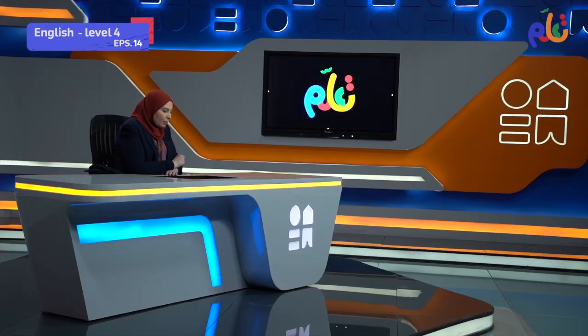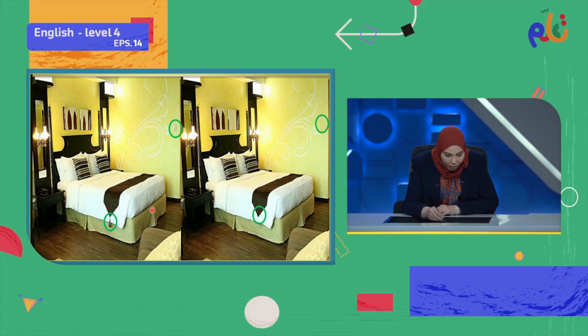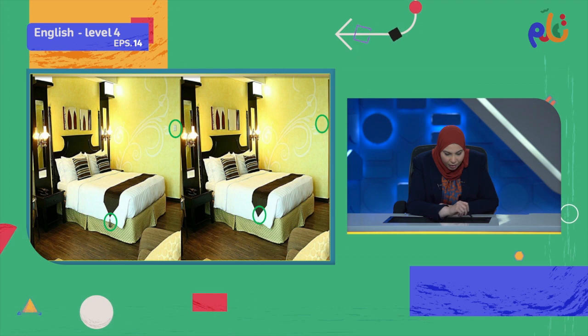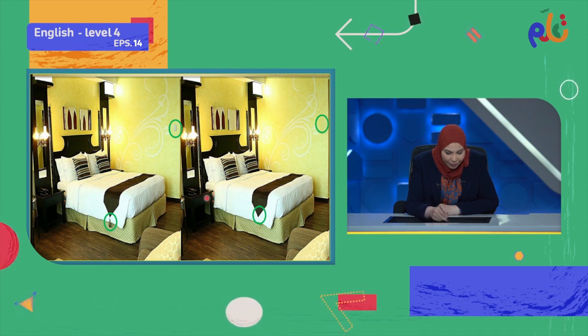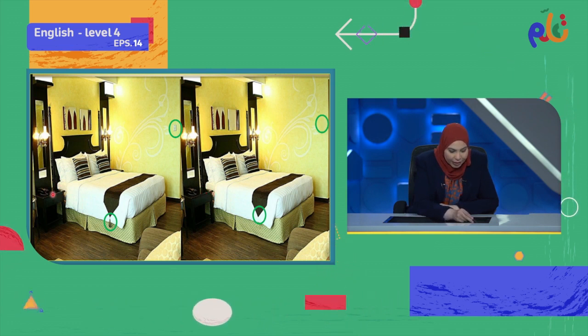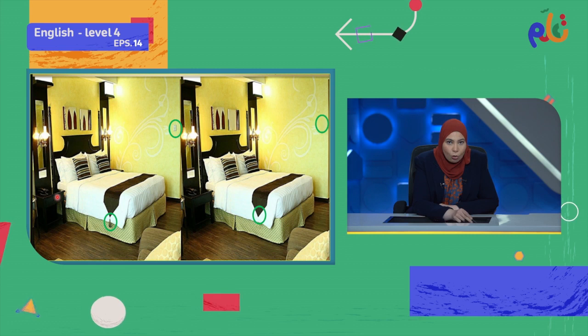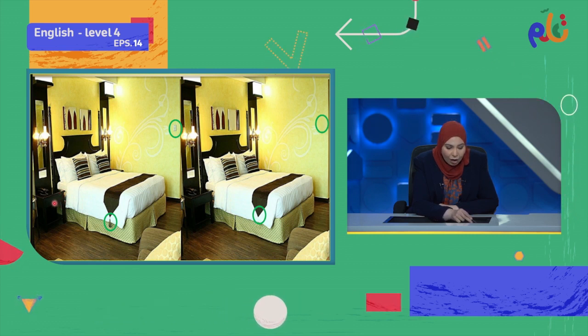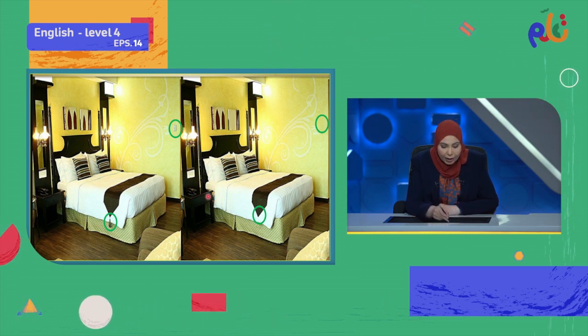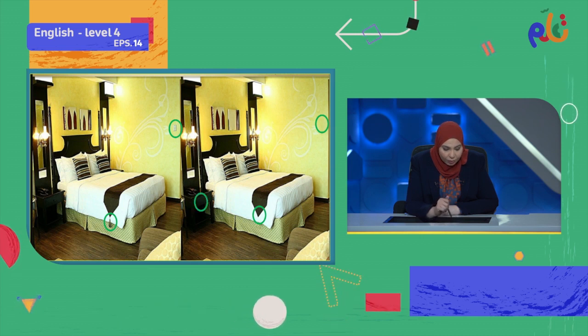Are you able to spot number 3? Let's take a look. This is same like this, and this is the same. What is the other difference? I spotted one here. Do you see it? The drawer here has a knob, but the drawer here doesn't.